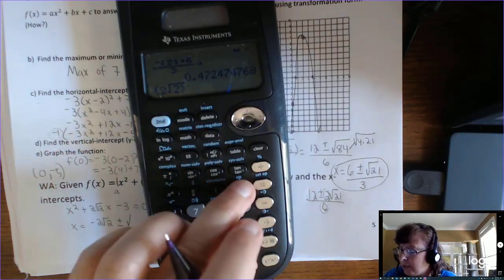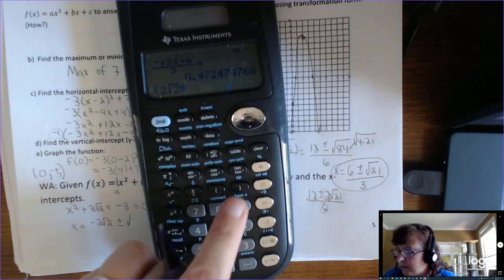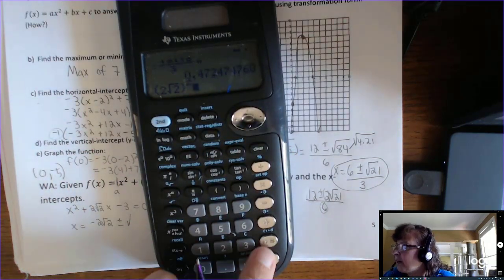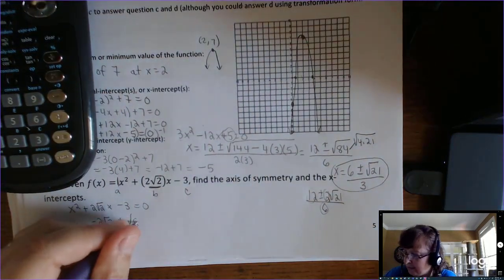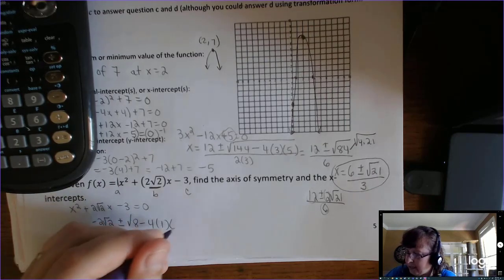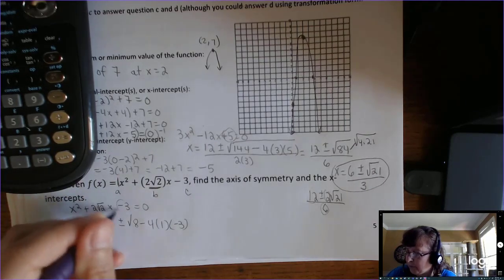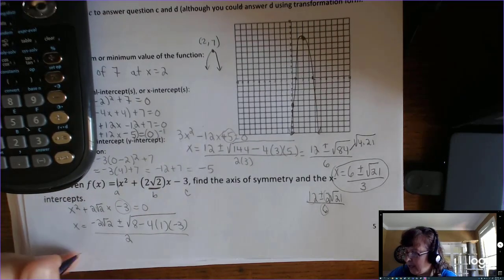Make sure you get the parentheses in the right spot. Square it and look what you get. You get just 8. Alright, minus 4 times a times c, which is negative 3, all over 2 times a.